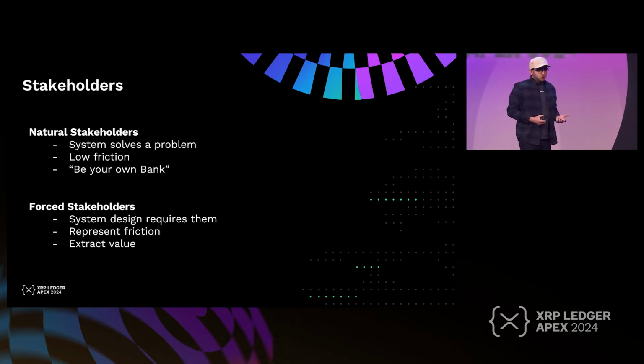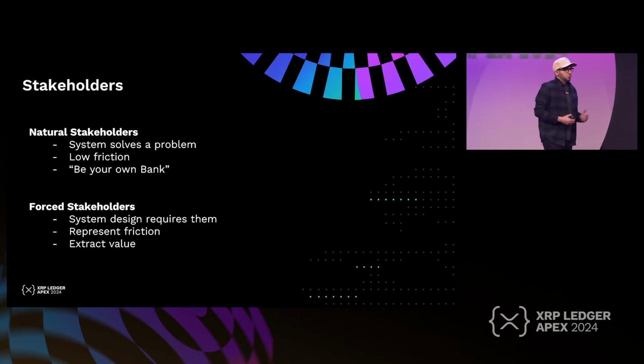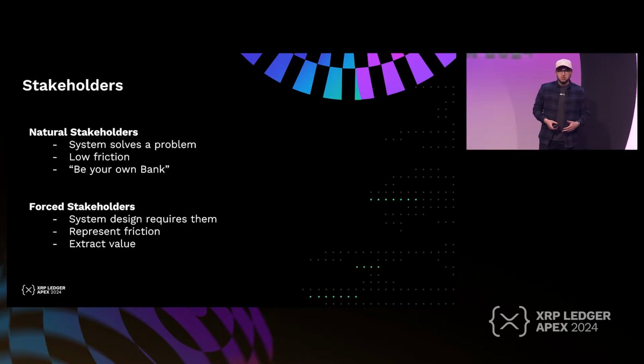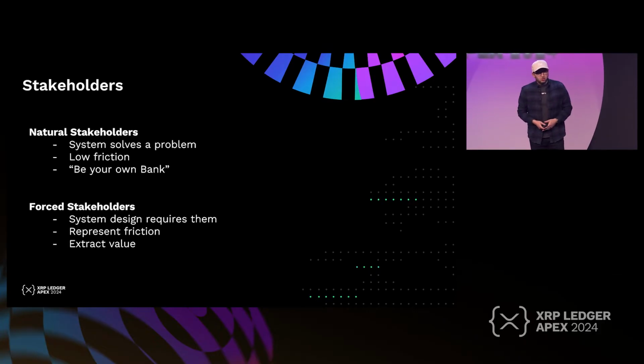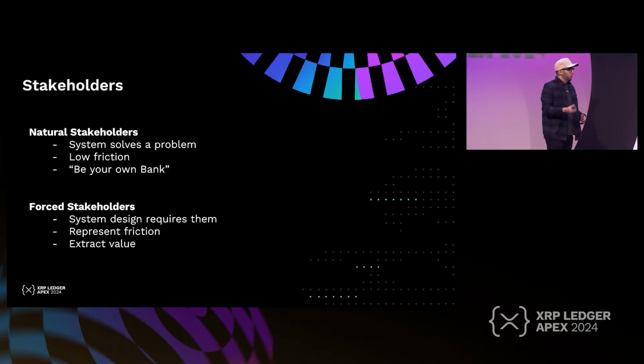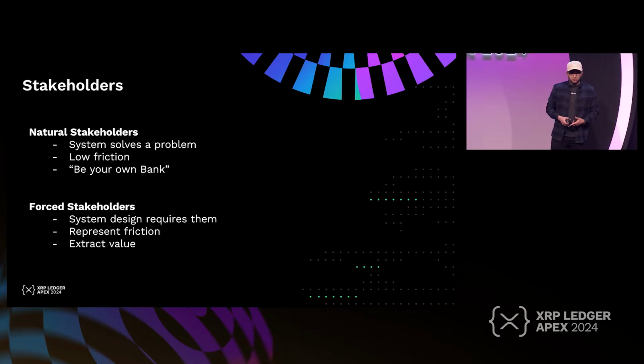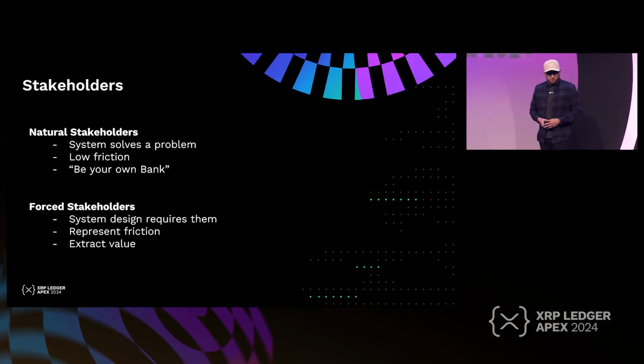With natural stakeholders, we just define stakeholders, who they are and what they are doing in the ecosystem. Every system has stakeholders. We differentiate between natural stakeholders and forced stakeholders. Natural stakeholders have a problem that the system is solving for them. Either they want a business use case, or to store value, or anything else.